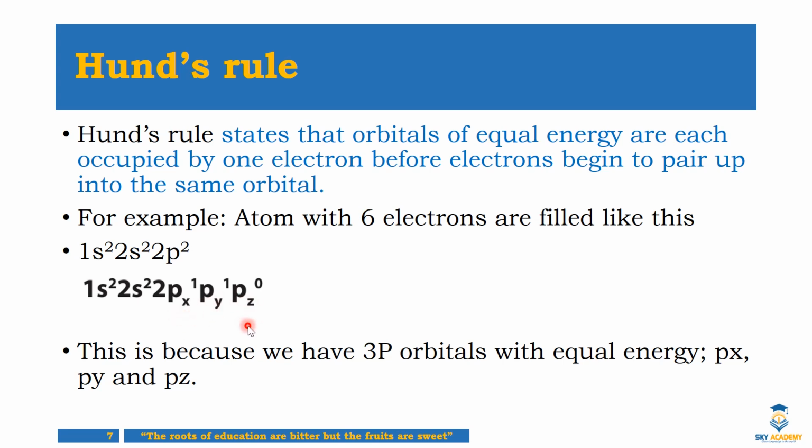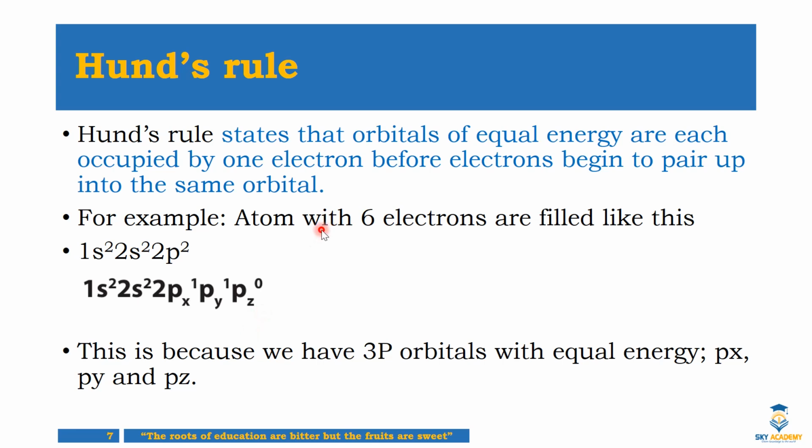So if they have the same energy, we have to fill with 1 electron each, 1, 1, 1 if they are available, and then after filling 1 electron in each, we then begin to pair.